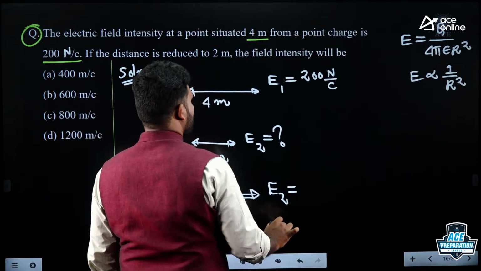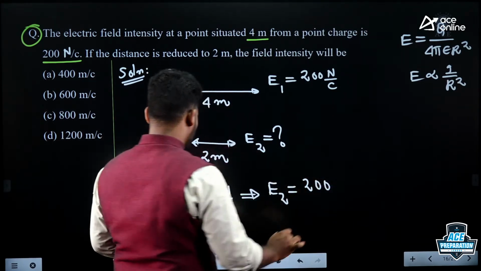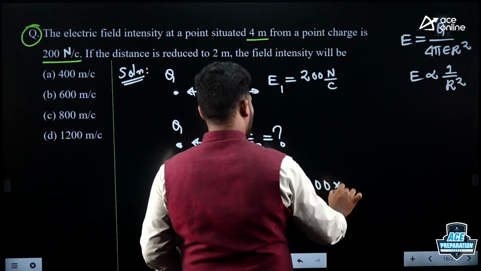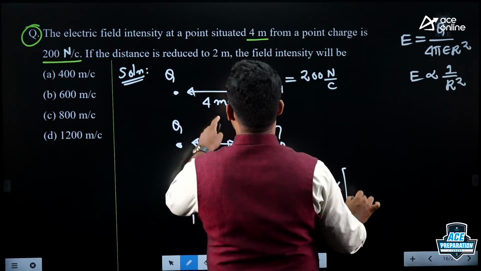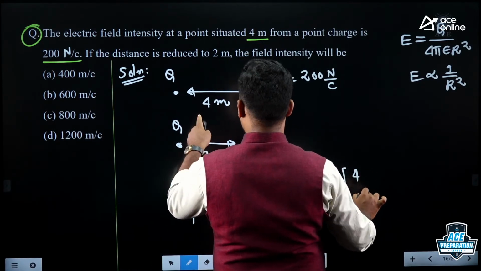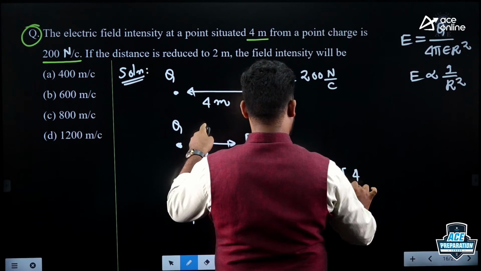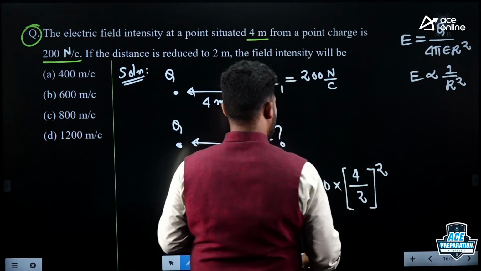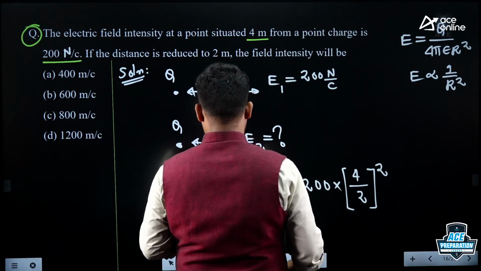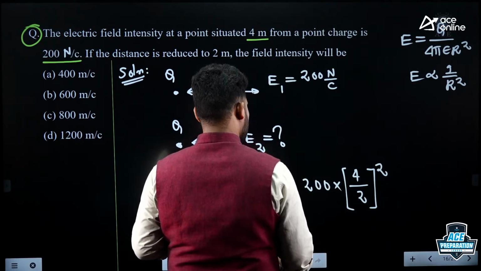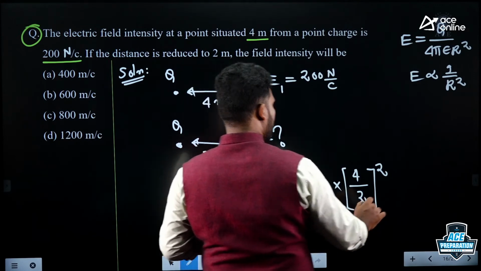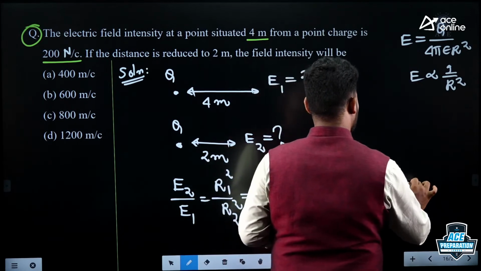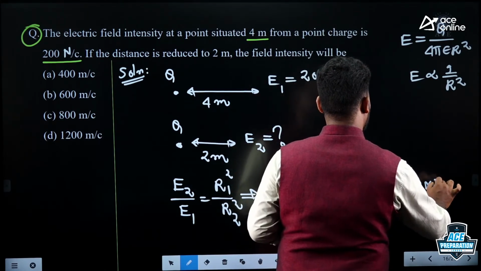What is E2? I can bring this 200 to the other side, R1 square by R2 square. What is R1? R1 is 4 meters. R2 is 2, whole square. Yes, so here it is 200 into 4 square by 2 square, which is 200 into 4.